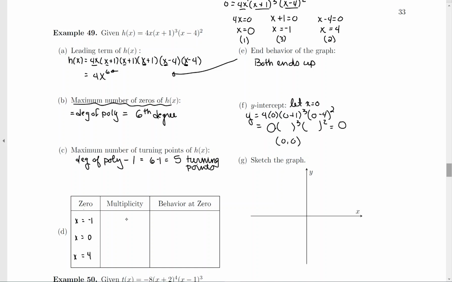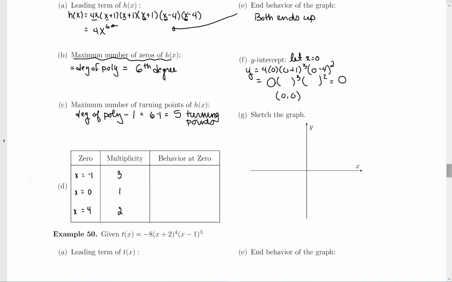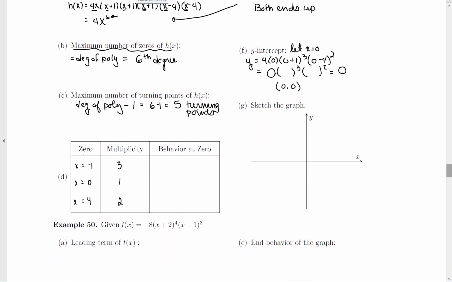The multiplicities are the powers that are associated with each of those zeros. So -1, the power was 3. On 0, the power was 1. And 4, the power was 2. Remember, the multiplicity determines the behavior at the zero.